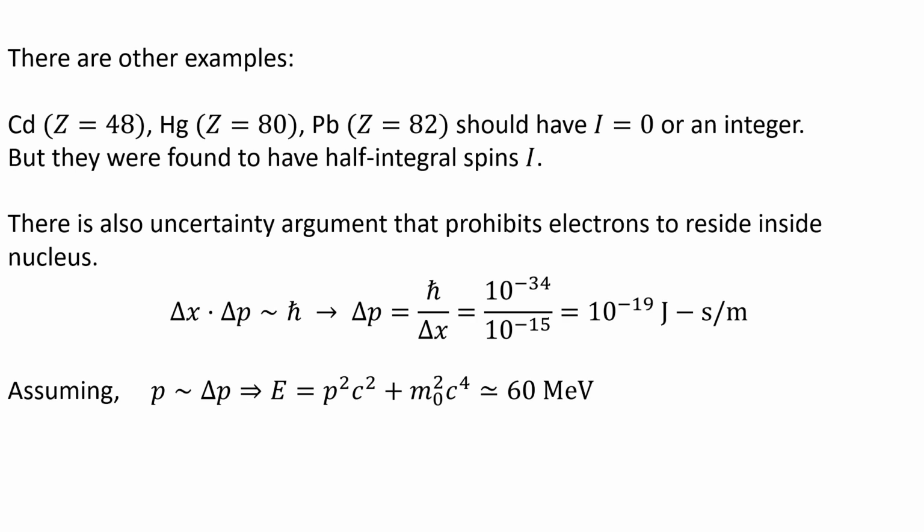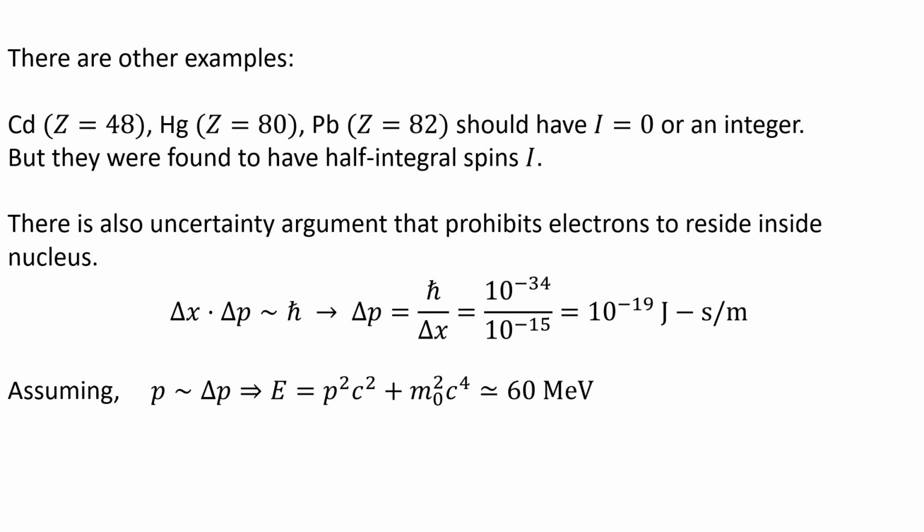There is also another argument which is very elegant, and it says that if the electrons have to reside inside the nucleus, then their energies are too large for the nucleus to hold them.